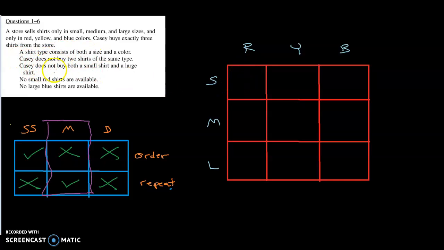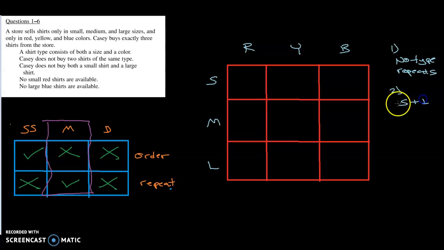Then we've got Casey does not buy both a small shirt and a large shirt. So let's just write this down. No type repeats. Number 2, we've got Casey does not buy both a small and a large shirt. No small and large.